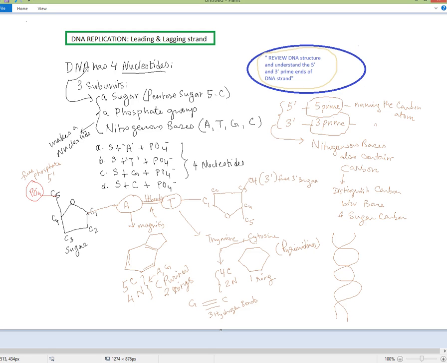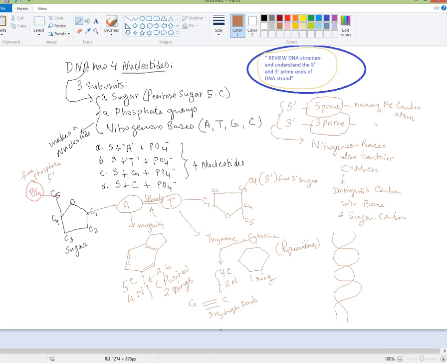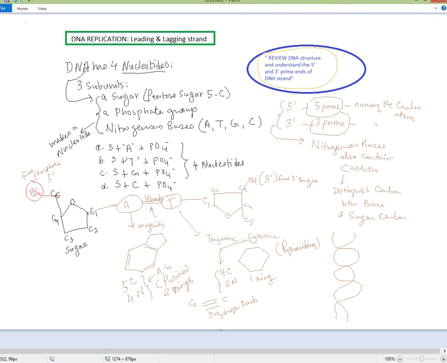We'll discuss the replication in more detail, but right now, because of the time constraint, we are just going to talk about which one is 5 prime and which one is 3 prime.